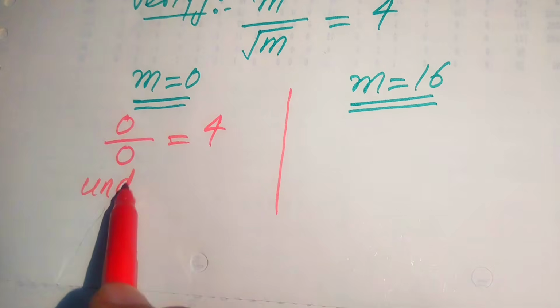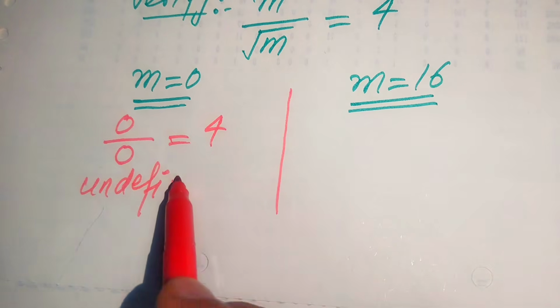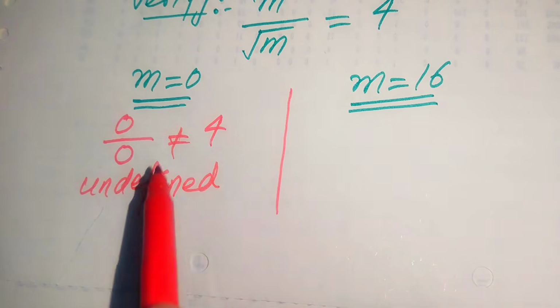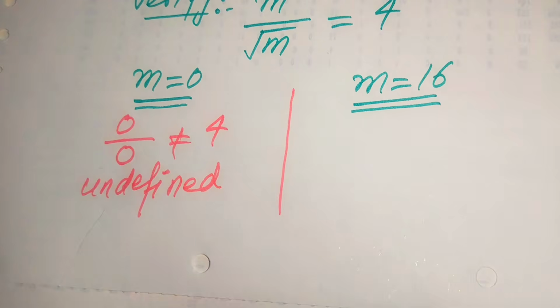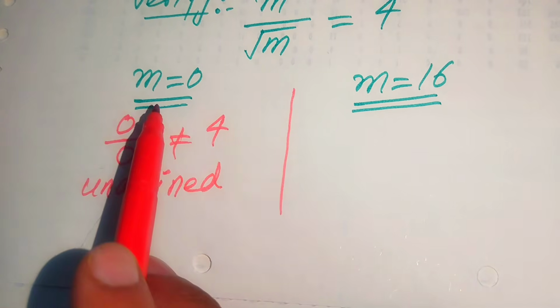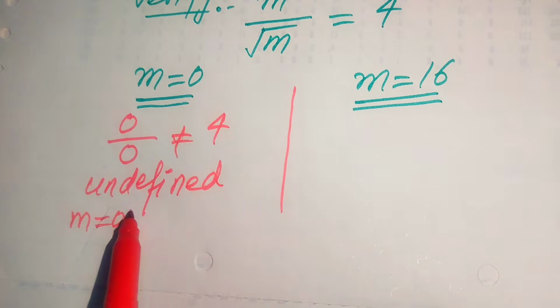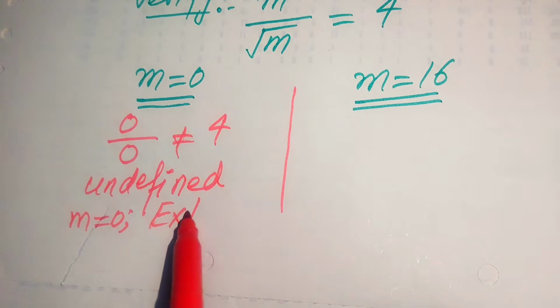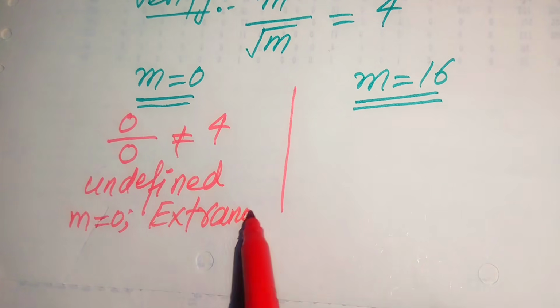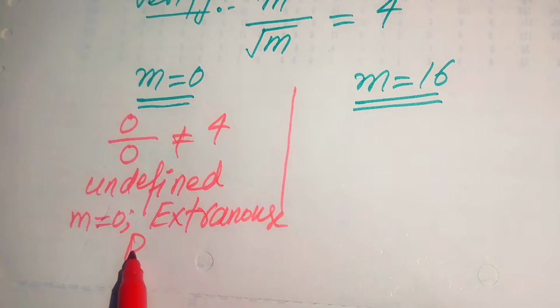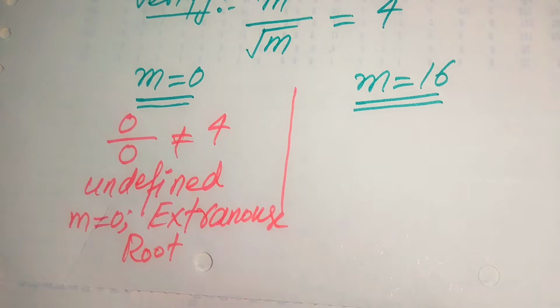So if our left hand side is undefined, this means that both of the sides are not equal, and this concludes that m is equal to 0 is an extraneous root of the given equation. It does not satisfy our given question statement.